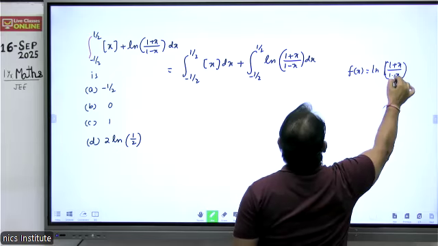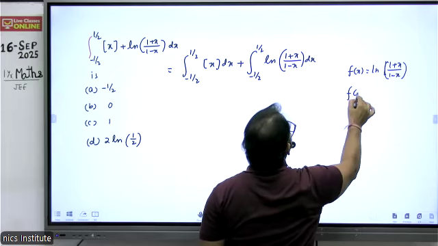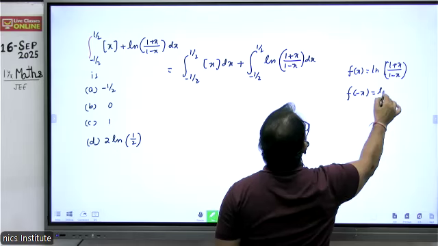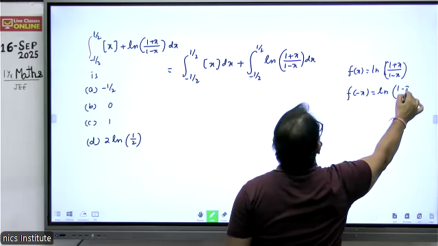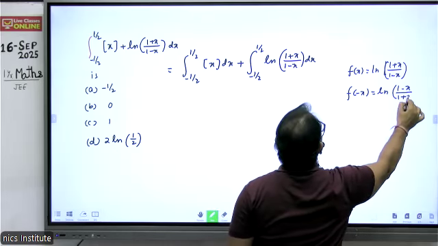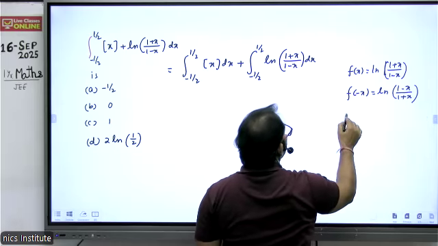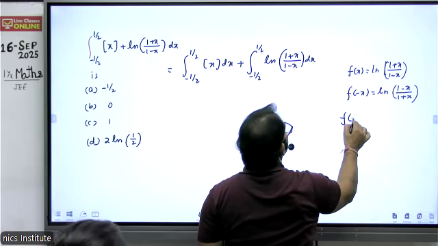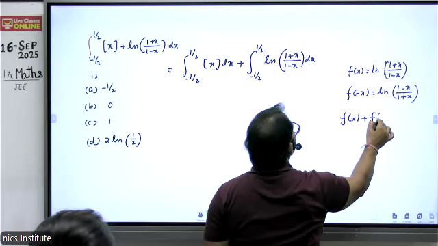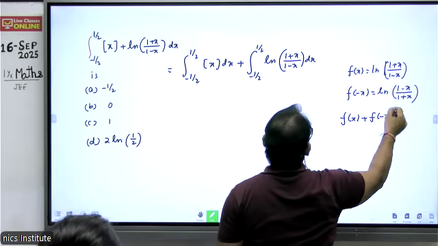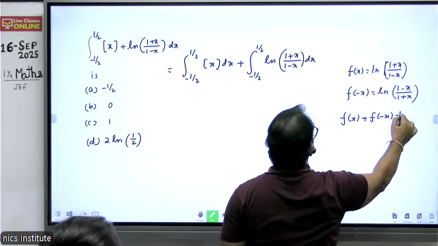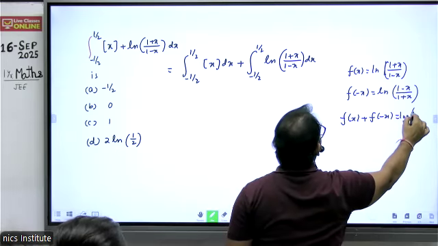If you replace x by minus x, it would be ln of (1 minus x) over (1 plus x), right? If you add these two, you can apply the property log a plus log b is log a into b.